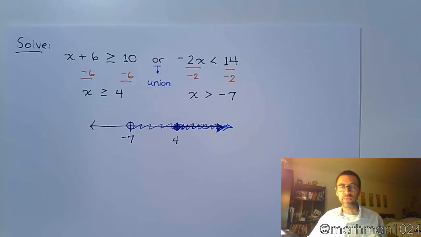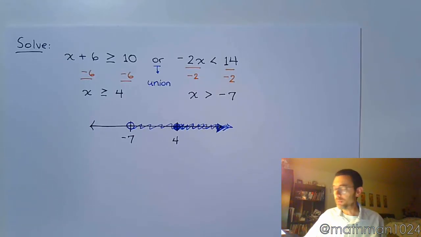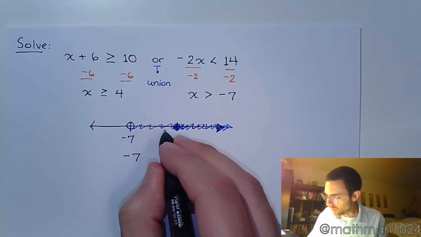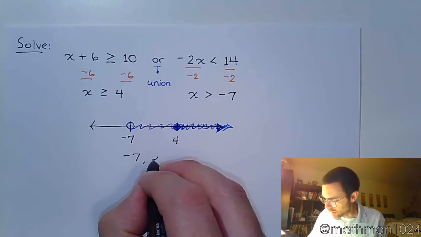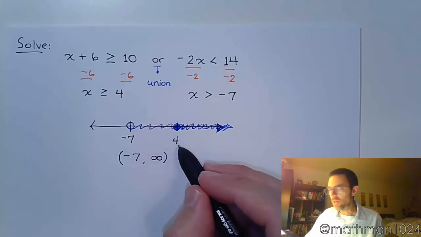Remember that union says put everything together. In the last example, they were going in opposite directions, so I had to use the union sign to join them up. But here, they're not going in opposite directions. I just have to describe what's being colored on this number line. So we see it's starting from -7, and it goes all the way to the right toward infinity. And you might say, what about the 4?